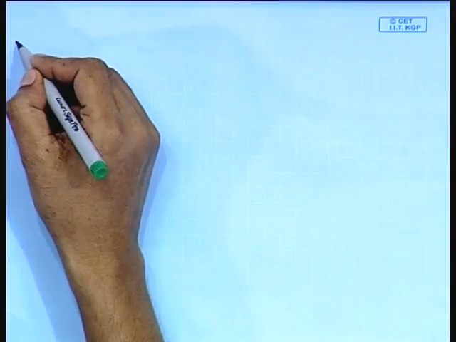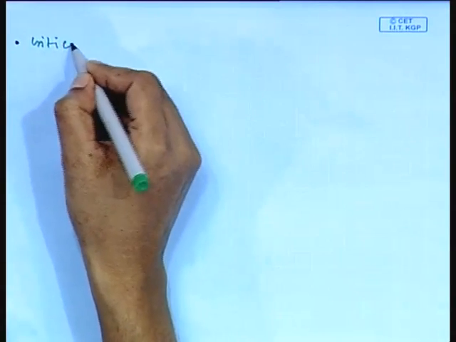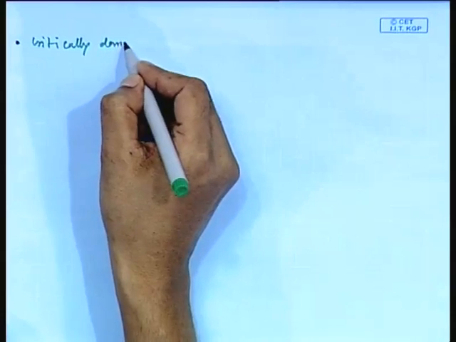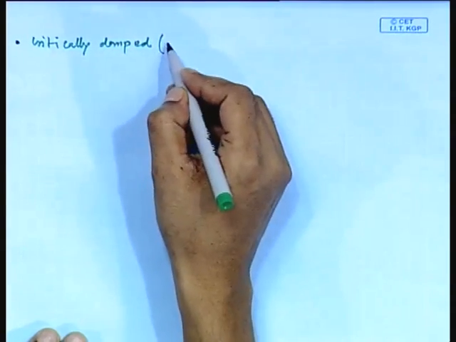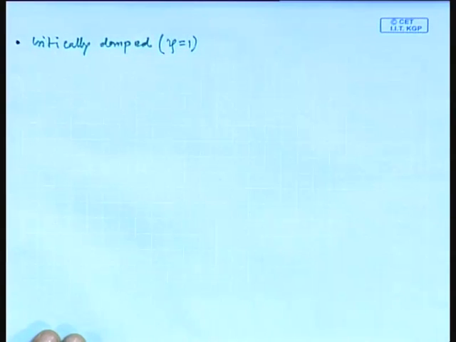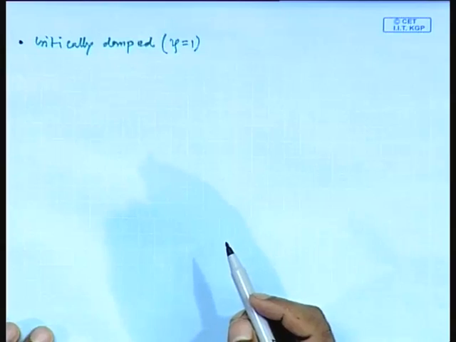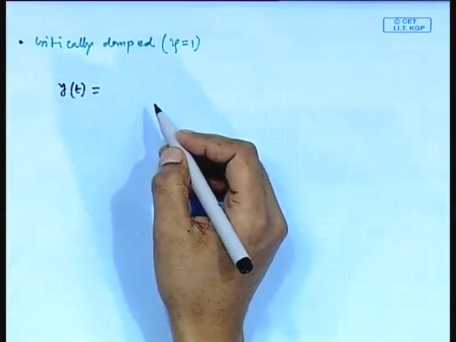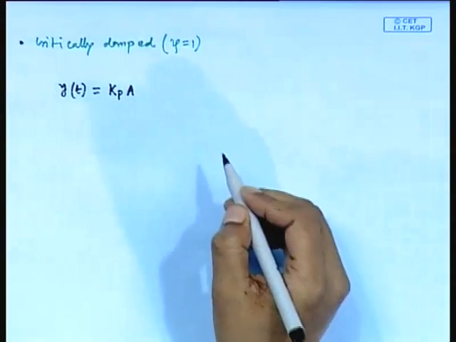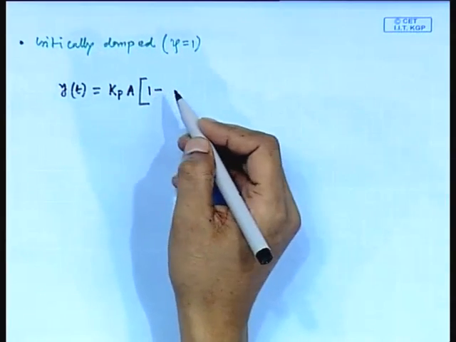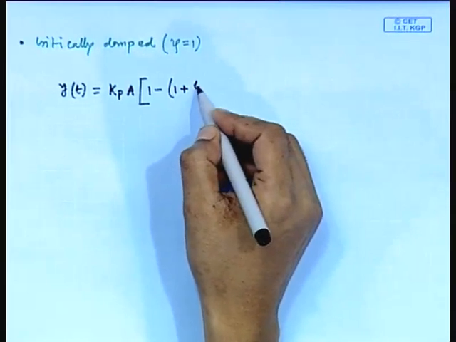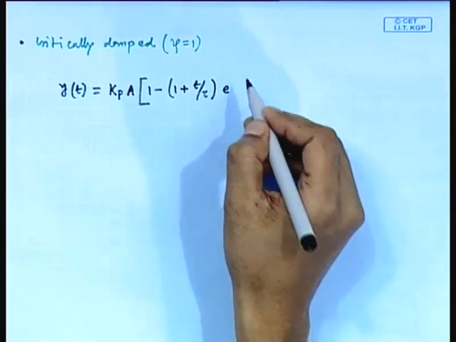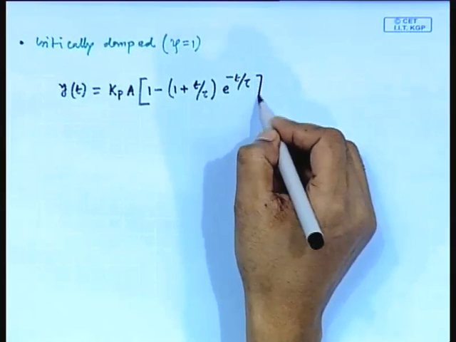Similarly, in the second case, we consider critically damped response, where zeta equals 1, and the expression of output in time domain we obtain by inverting as y(t) equals Kp multiplied by a times 1 minus 1 plus t by tau, times exponential minus t divided by tau.